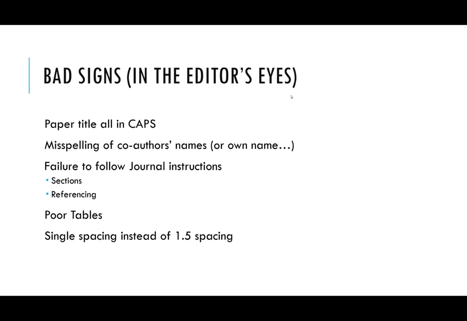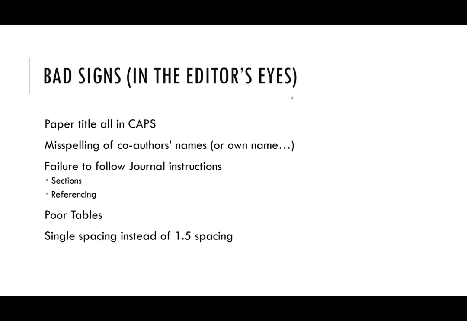Also, we don't want the paper itself to be single-spaced. It's too hard to read, and it's too hard to write annotations on it when we're going through it as reviewers and editors. You'll see that most journals will ask you for double spacing. And in fact, double spacing is too hard to read as well, because there's too much space between the lines.